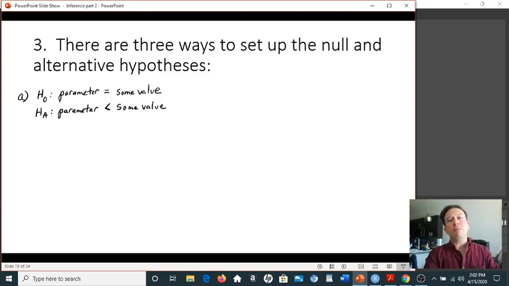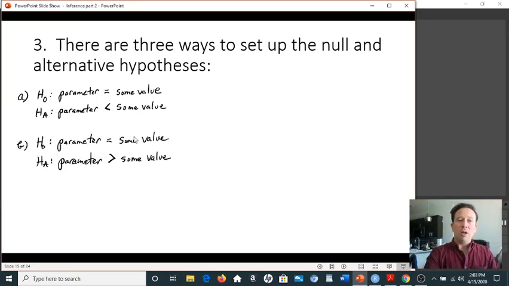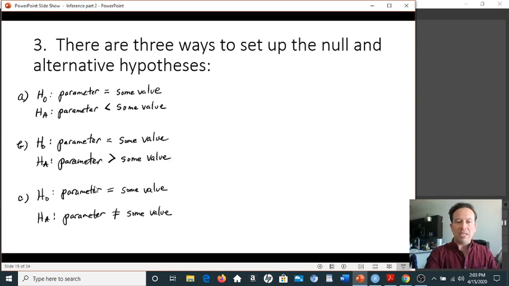Then the alternative would be that the parameter is less than some value. Another possibility is, instead of less than, it could be greater than. And the third possibility is, if you don't know if it's less or greater, you just know it's not the same, then you just state equals versus not equals.